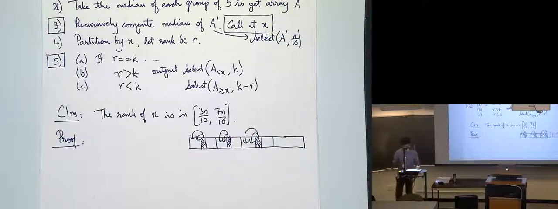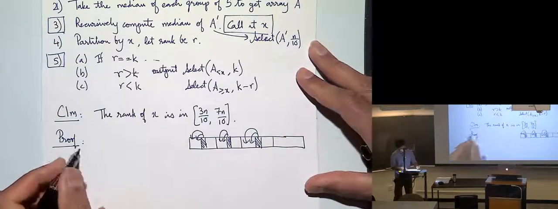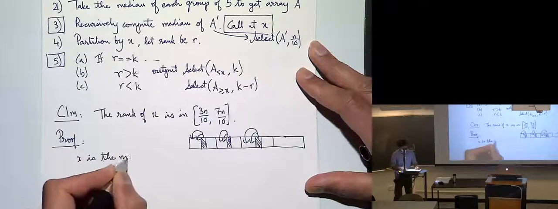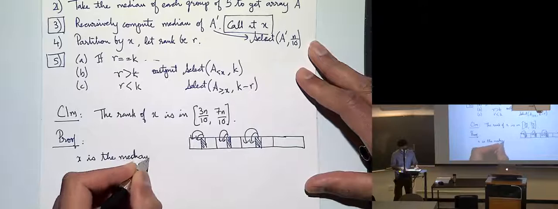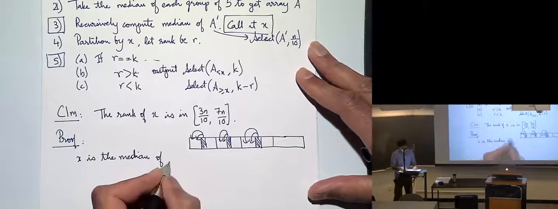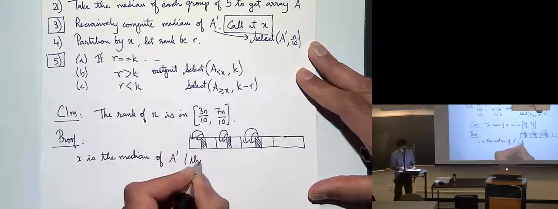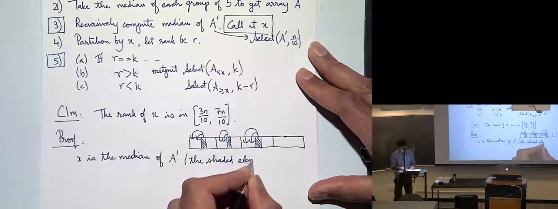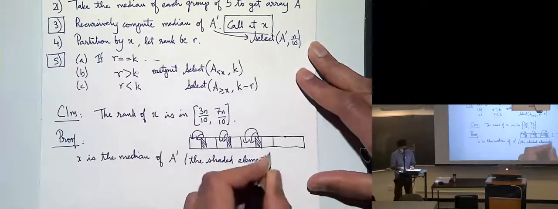So x is the median of A prime, the shaded elements.